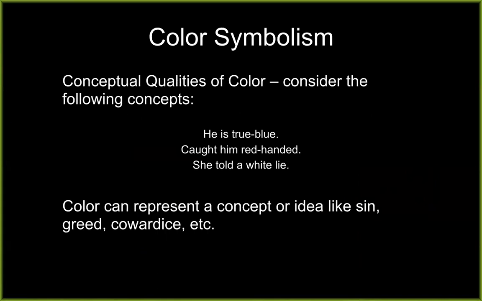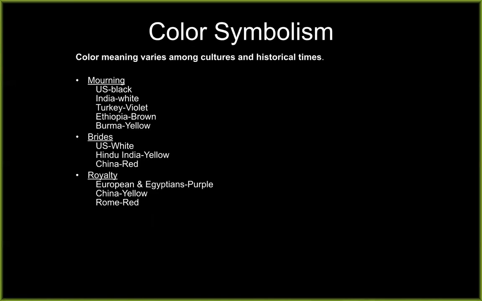Then you can think about conceptual qualities of color. So think about all the ways that we describe emotions or personality traits with color. And always, if you're designing for the public, you'll need to keep in mind that color meaning varies among cultures.